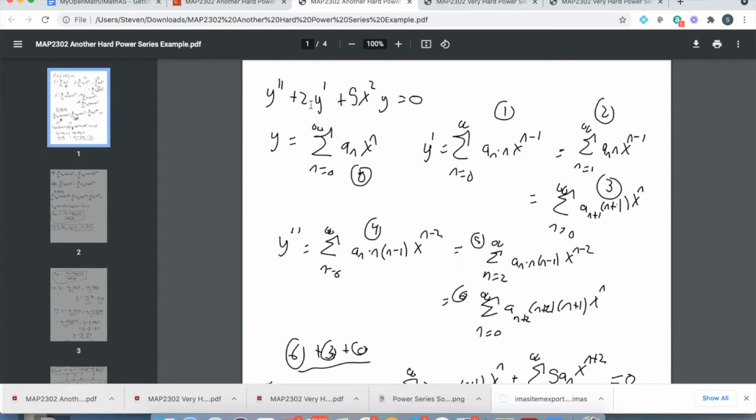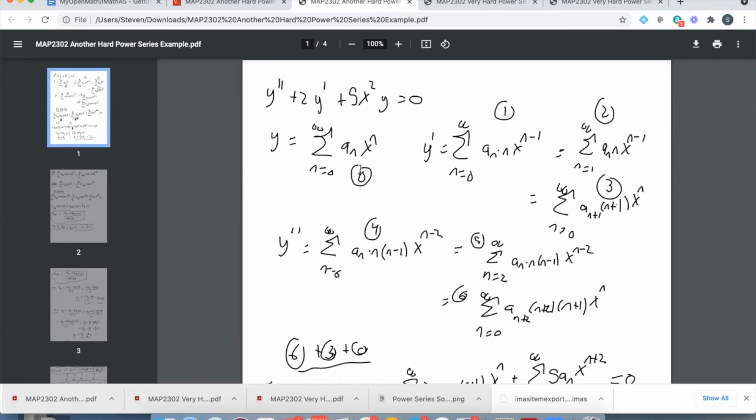X squareds, x, no x's, then all my powers just line up and I'm done. It's so easy. Adding in extra x's here makes things worse because now it's really hard to make this guy match that guy. And we'll see that. So we start with the assumption that y is an infinite power series.